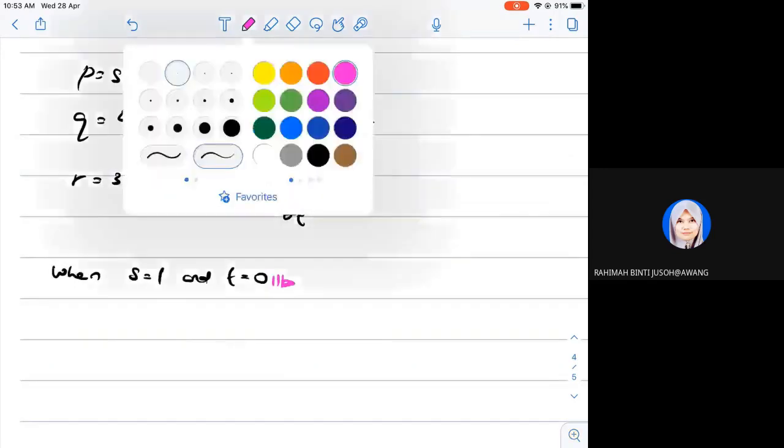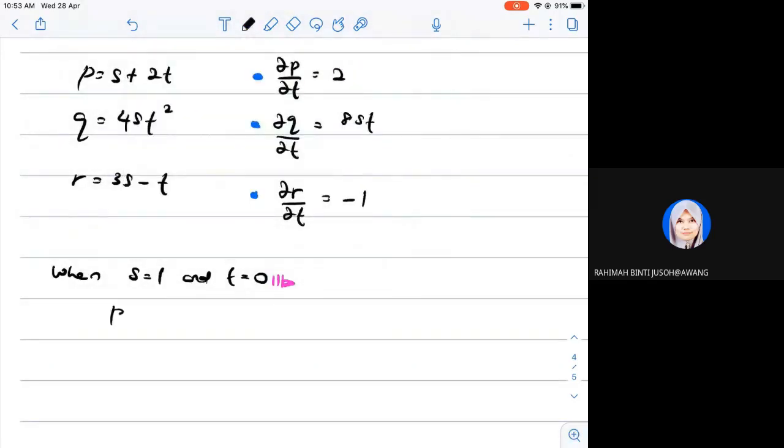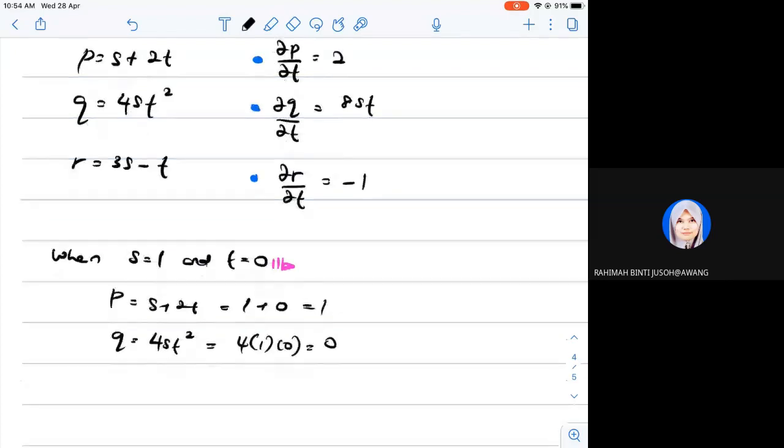So we have P equals to S plus 2T. So 1 plus 0 is 1. Q equals to 4ST squared. So 4 times 1 times 0. So we get 0 and then R equals to 3 times 1 minus 0. So equals to 3.